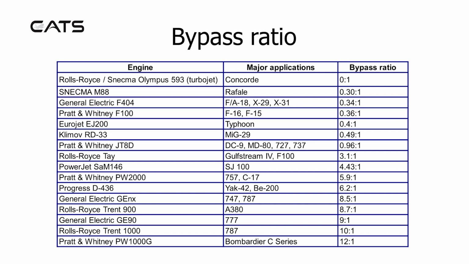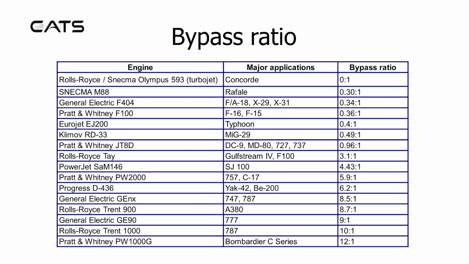As we progress up to Rolls-Royce Trent 900s on the A380 or the General Electric on the 787, we're getting bypass ratios of 8.1, 9 to 1 and 10 to 1 accordingly.